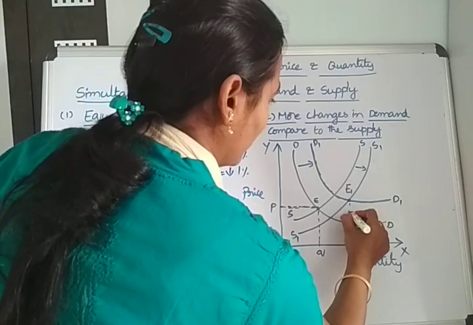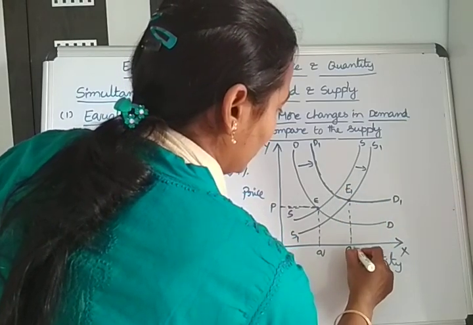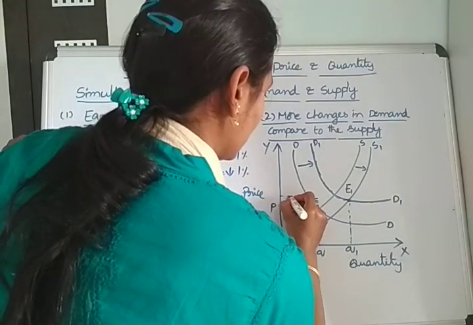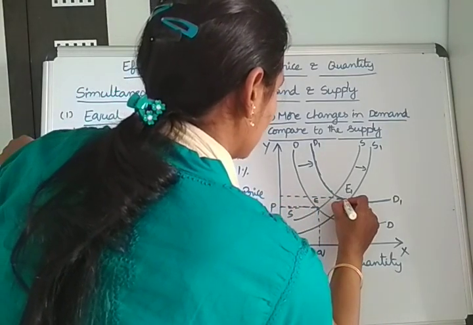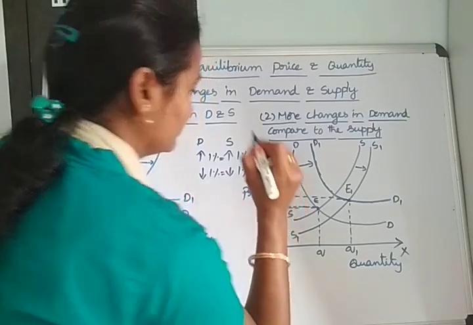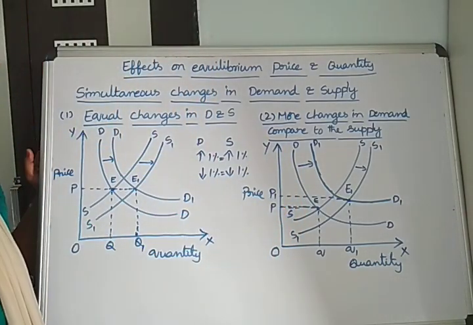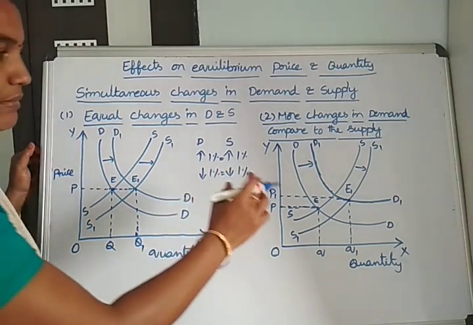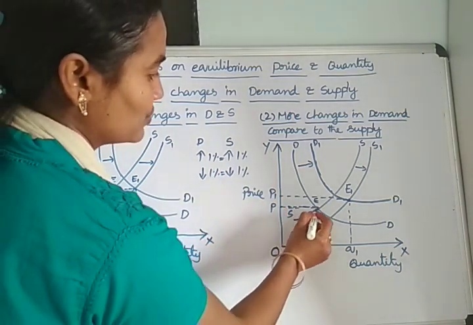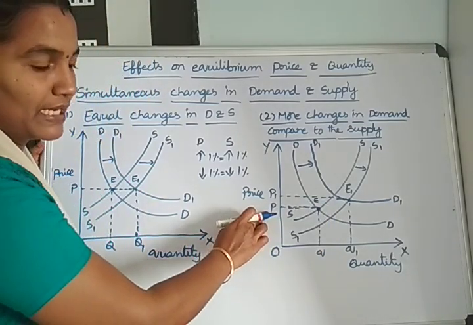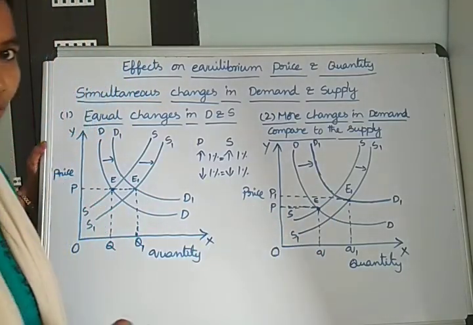The new equilibrium quantity is Q1 and the new equilibrium price is P1. So compared to before, the price of the commodity has increased. The original demand and supply curves intersect at point E, with OP the equilibrium price and OQ the equilibrium quantity.